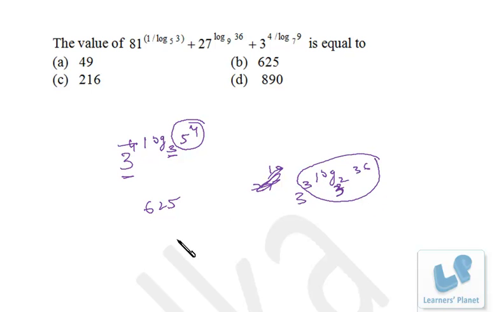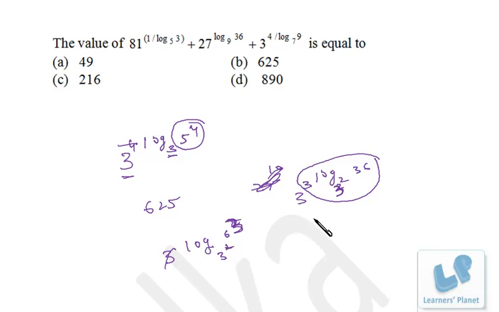Listen, just watch carefully how I solve that. 3 log of, this is 3 raised to 2 and this is 6 raised to 2. So this 2 and this 2 will come this side. So 2 by 2 will be cancelled, right? Now this is 3 log 6 to the base 3. So that will be 6 cube, right?